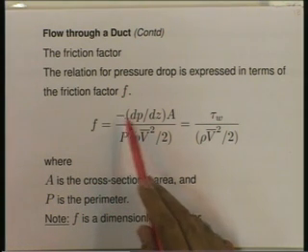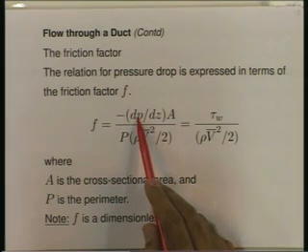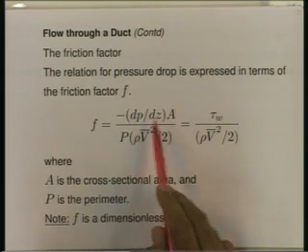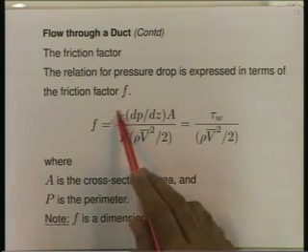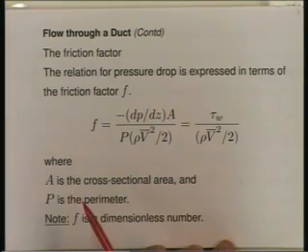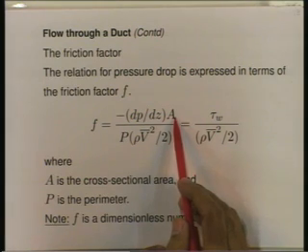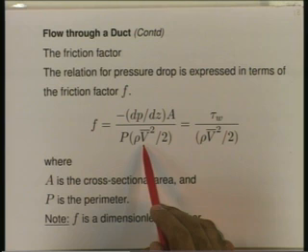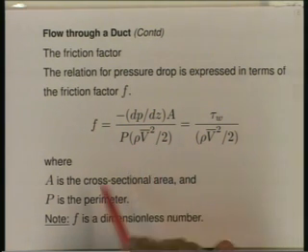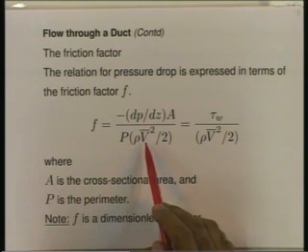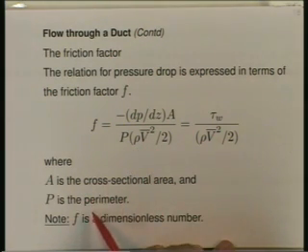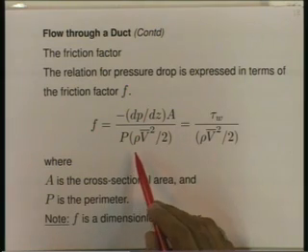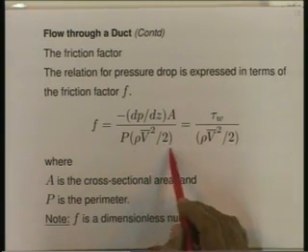The negative sign indicates that we expect the pressure to drop in the direction of flow. So, dP by dz will be a negative number. The friction factor with this negative sign becomes a positive number. This is the area of cross section, this is the perimeter of the cross section, and V bar is the mean velocity of flow. So, rho V bar square by 2 is what is sometimes called the velocity head.